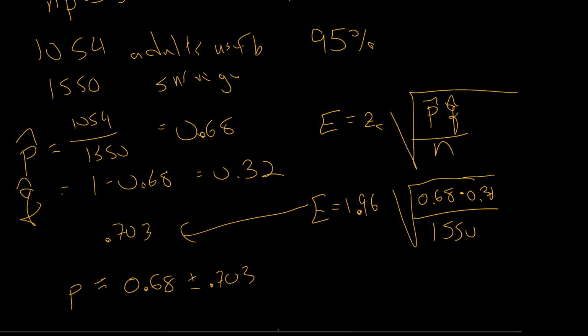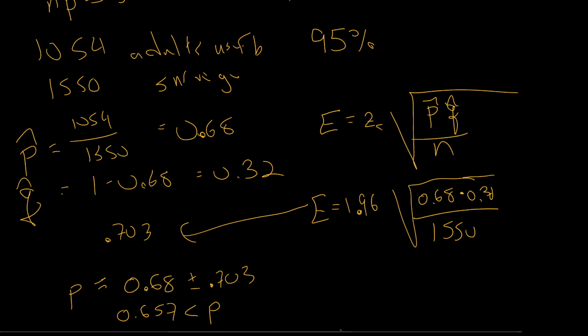Or if we do the mathematics on that, the lower bound is 0.657. If I subtract 0.703, that's the lower bound. And then in my upper bound, if I add 0.703, did I get that right? Oh, no, I messed up.